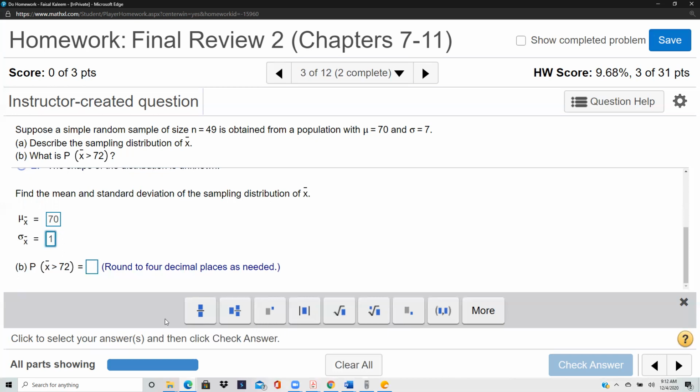And then what do we do with part B? This is where we would have to use StatCrunch, right? So how? Let's see.